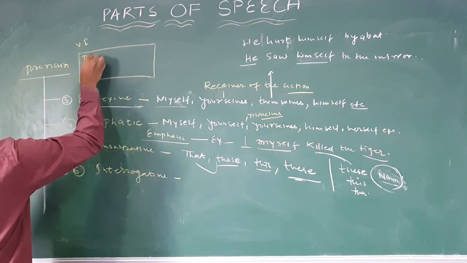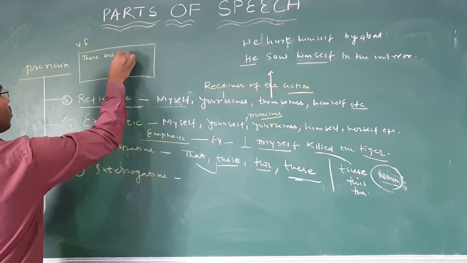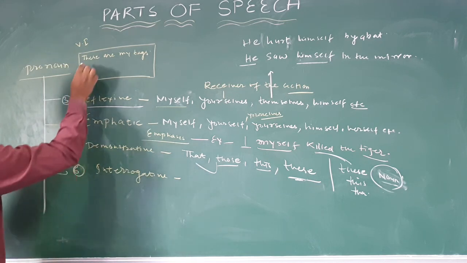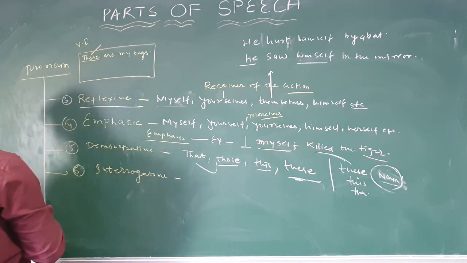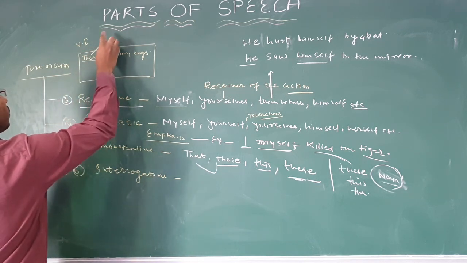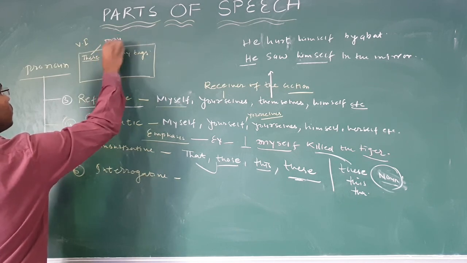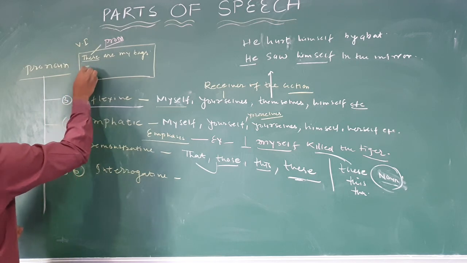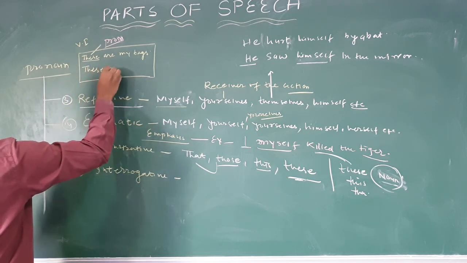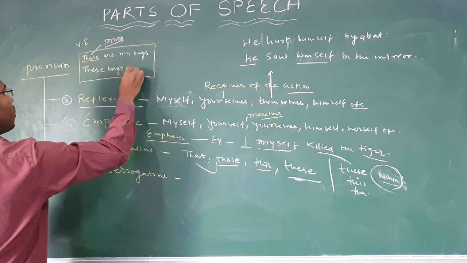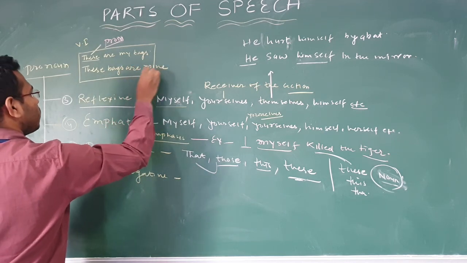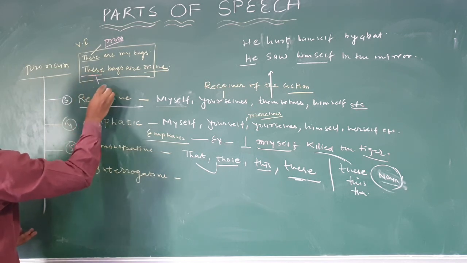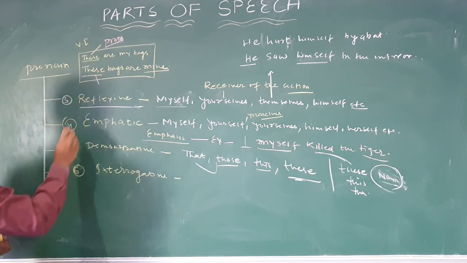For example, if I say these are my bags, here these is a pronoun. And if I say these bags are mine, here these is not a pronoun but an adjective.